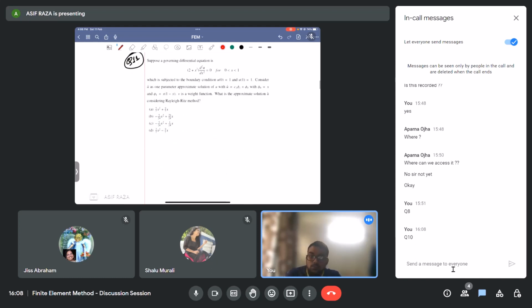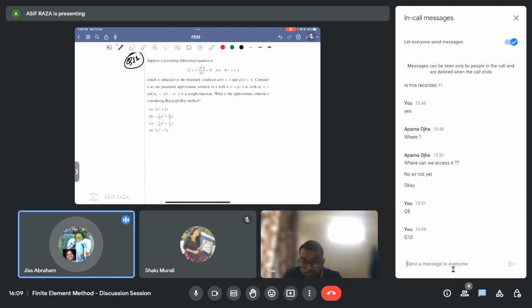So this is the 11th question. This was what was given in the assignment. I think you guys know the answer, but I don't know whether you know the procedure to solve it. I could also say directly if given the options.